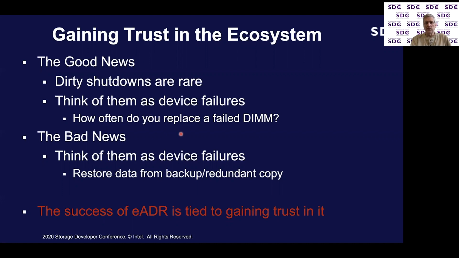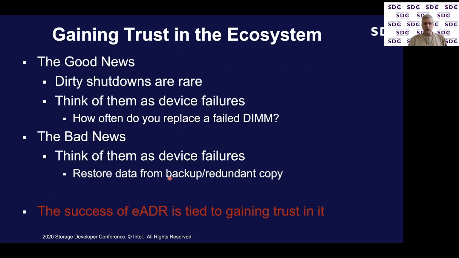They're rare. Think of them like, well, the device failed and you lost your data, go get it from a backup copy. That's kind of bad news because, like I say, when flush on fail fails, you really are in an unknown state. It doesn't fail by rolling back your last transaction. It fails by flushing or not flushing some unknown amount of data.